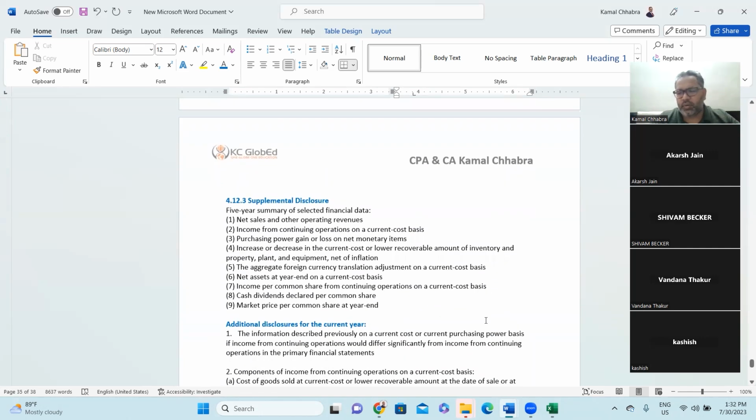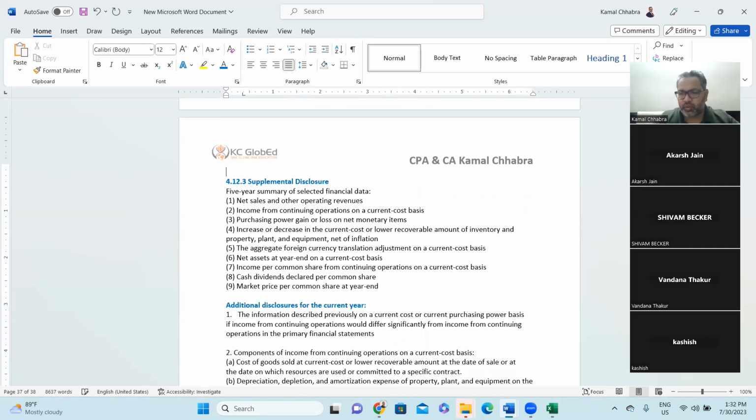Right, so we are not going into any illustration because it will be the same, just a change in the numbers only, right? So we are jumping finally to the disclosure part. So disclosure, you need to give a 5-year summary of the selected financial data. So that will be your net sales and operating revenues. Second is income from continuing operation, which will be separate from the discontinuing operation.